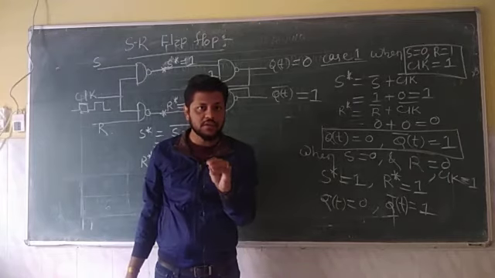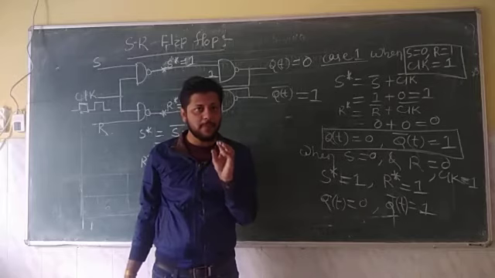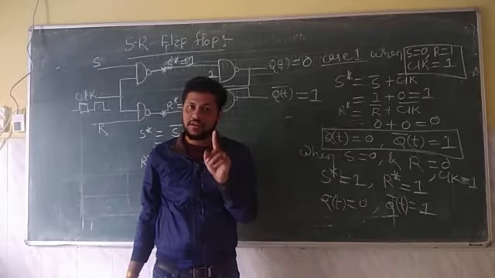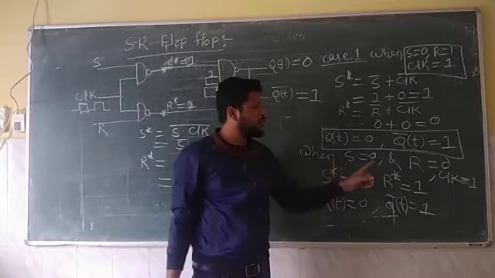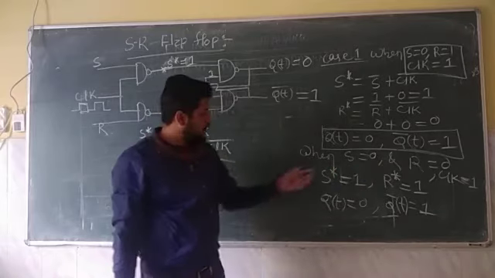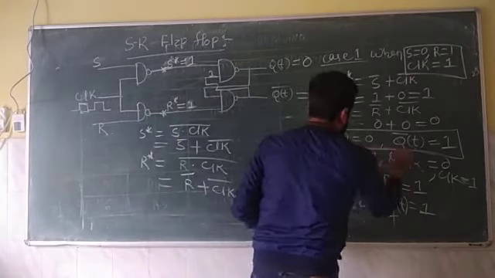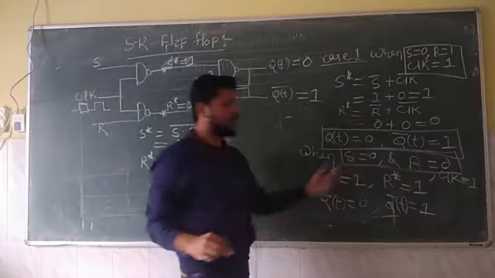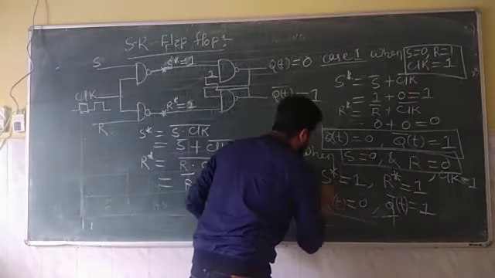The NAND gate is very sensitive to 0. The moment you apply a 0 input, that gate must be turned on first. When S is equal to 0 and R is equal to 0, we can see I change the input, and even though I change the input, the output remains the same.